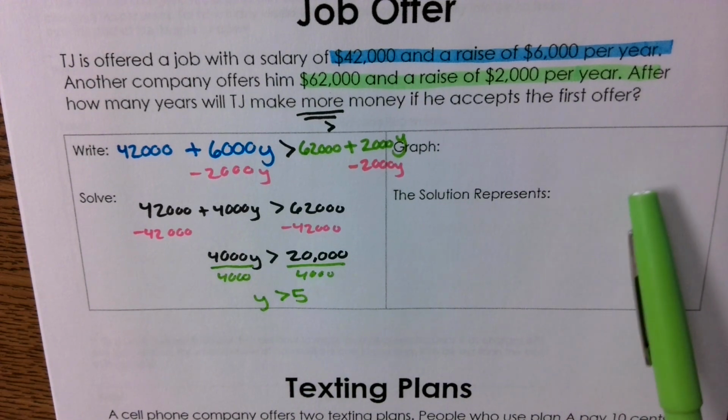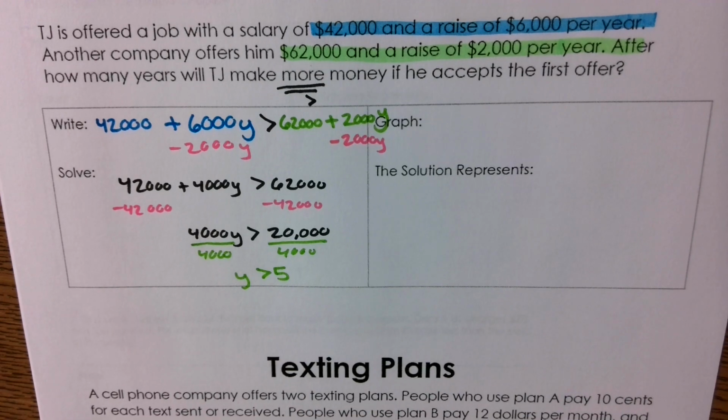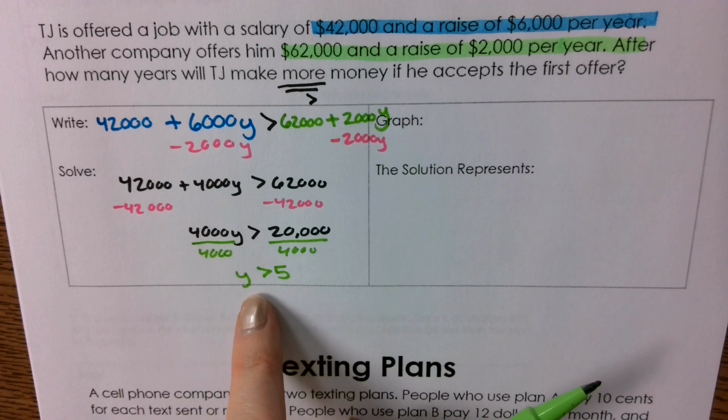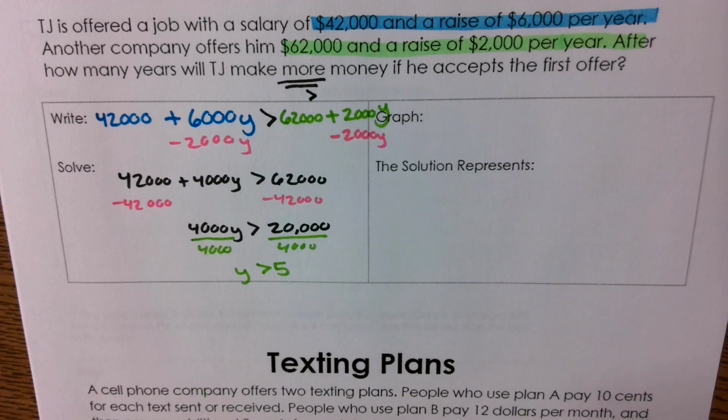Okay, I'm not going to worry about the graph anymore because I think you guys are fine with the graph, but I do want to focus on what the solution means. What did y stand for? The years. Now it says years is greater than 5. What does that mean? If you stay for more than 5 years, what job is better? The first job.